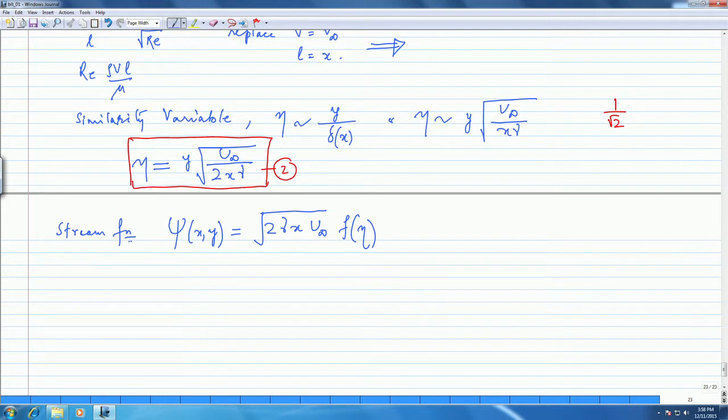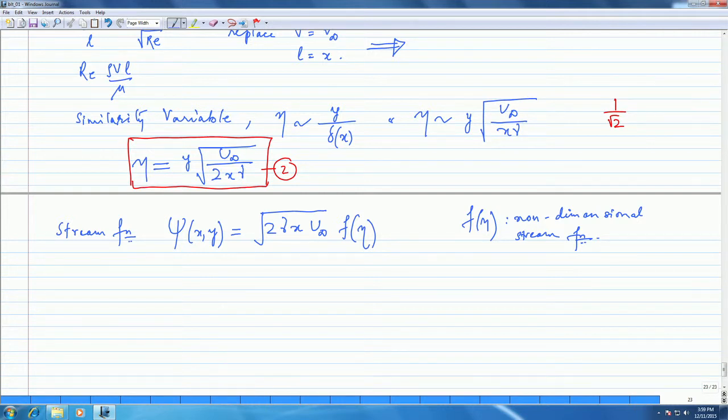Now this f of eta is essentially the non-dimensional, or basically dimensionless, stream function. That's the f of eta. So we've now got this stream function.